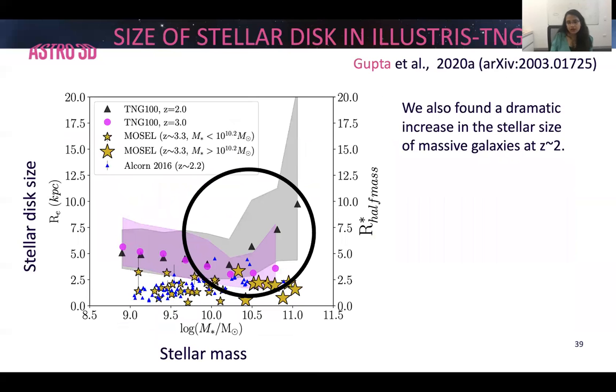Another thing that we found interesting in this paper when we looked at simulation is how the stellar sizes of the galaxies evolved. On this plot, I'm showing the stellar disk sizes of the galaxy as a function of their stellar mass. Just focus on the shaded region, which is taken from the simulations. Pink is redshift 3, and the black triangles are for the redshift 2 sample.